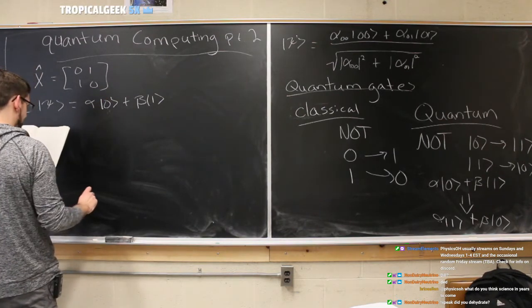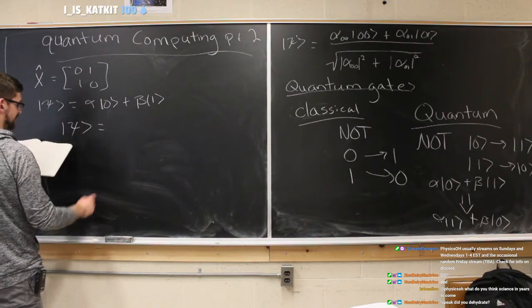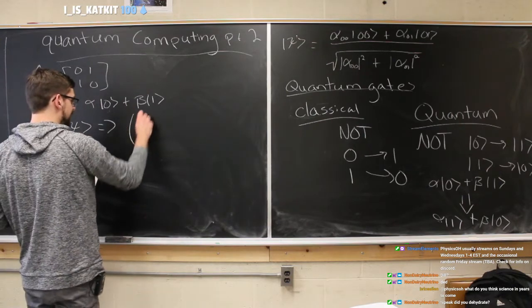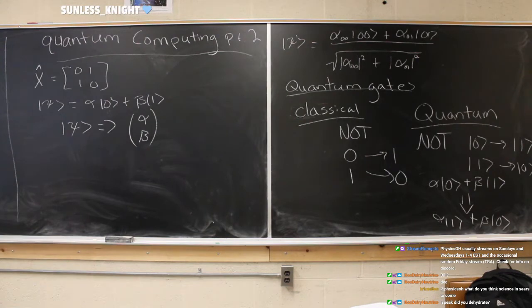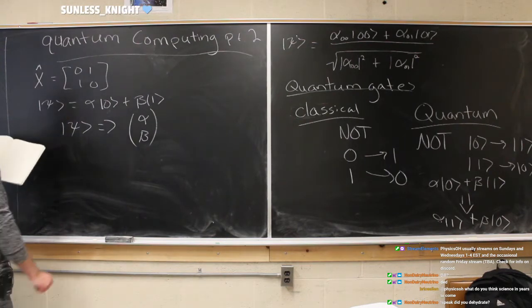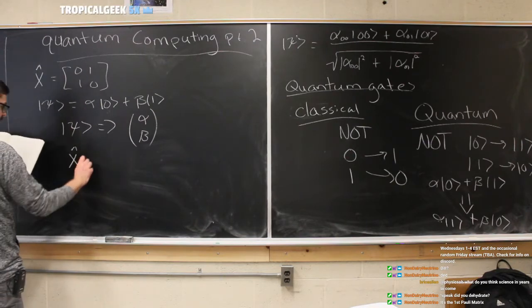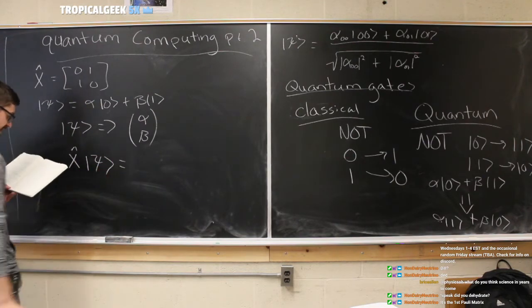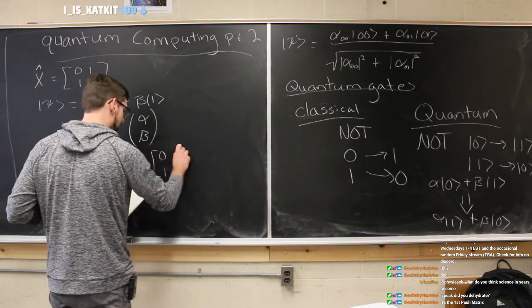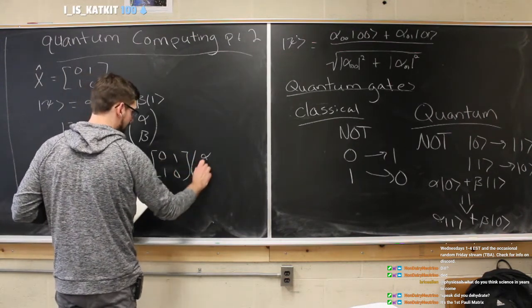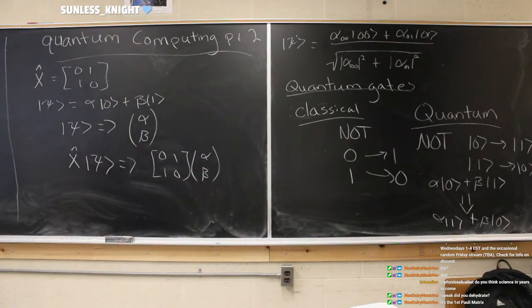Then we can write psi in vector form as alpha, beta. If we want to apply our operator X to psi, that's the same as writing in matrix notation 0, 1, 1, 0 times alpha, beta. Now let's do this calculation.